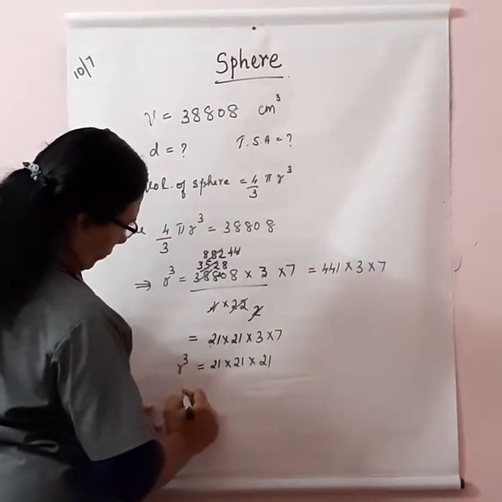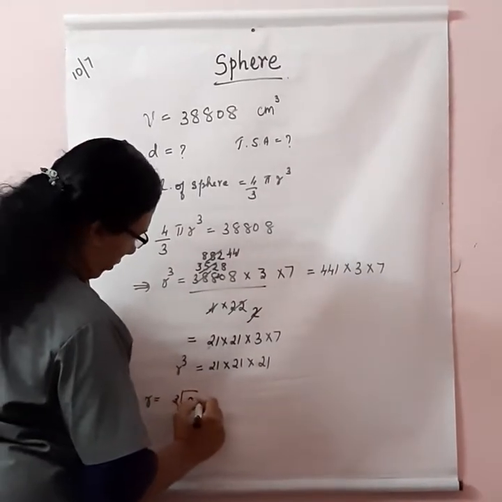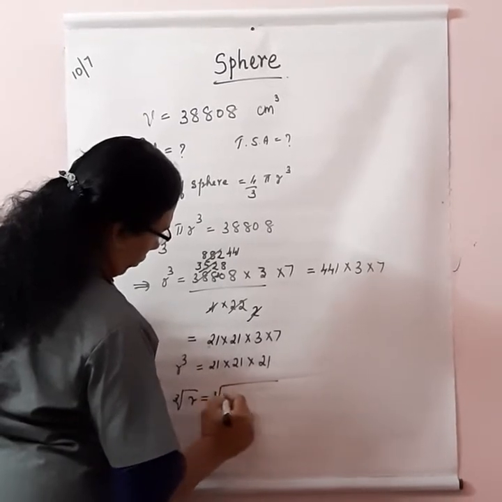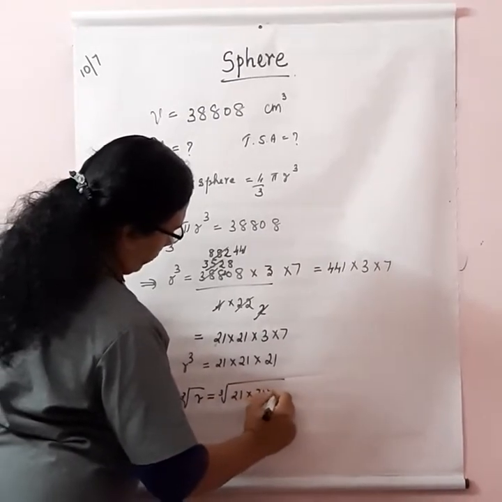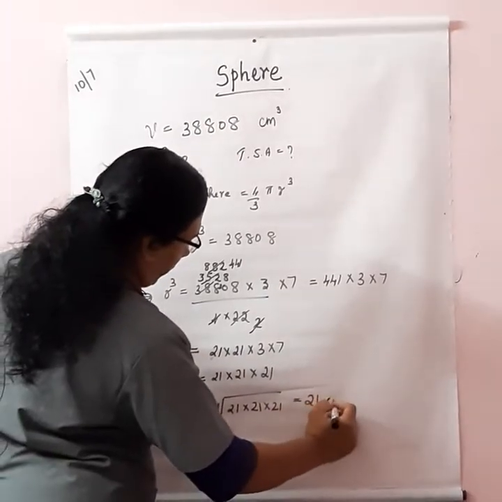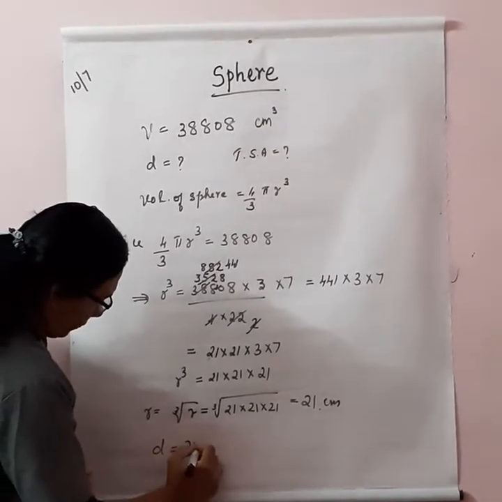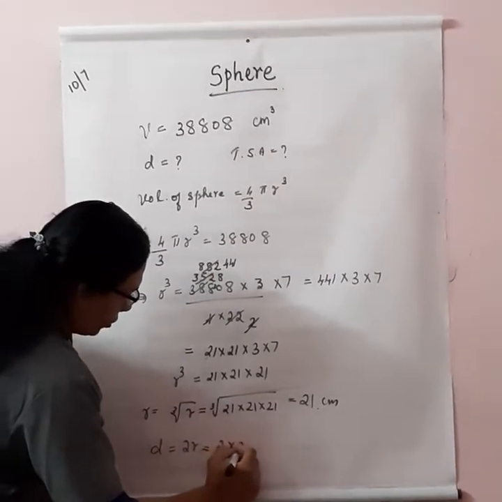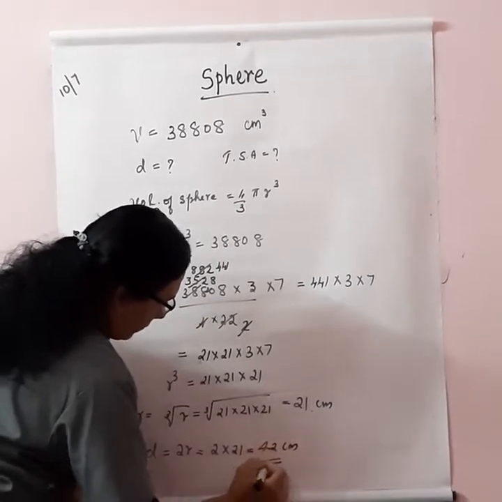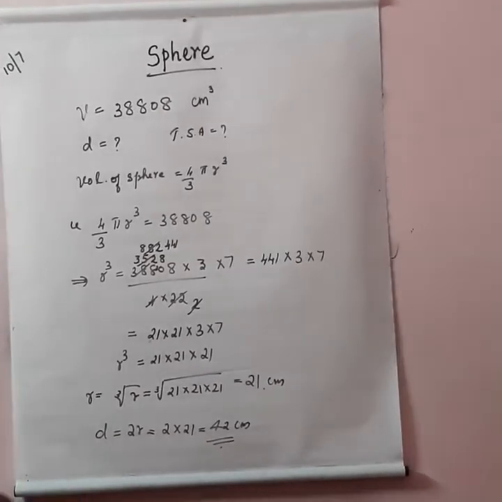The cube root of r cube is equal to the cube root of 21 into 21 into 21. The answer is 21. But what is asked? Diameter. So diameter is twice r, which is 2 into 21, equal to 42 centimeters. So diameter you got 42 centimeters.